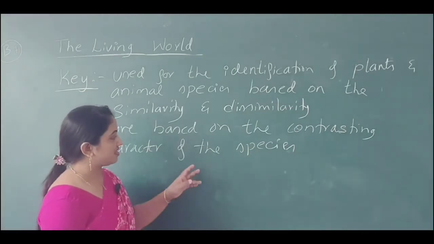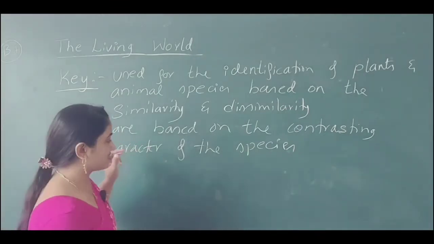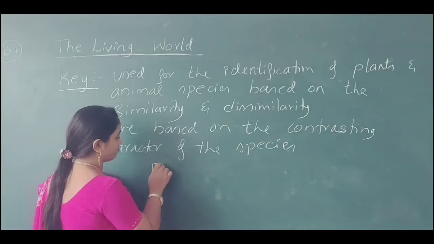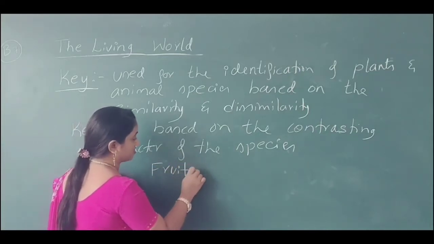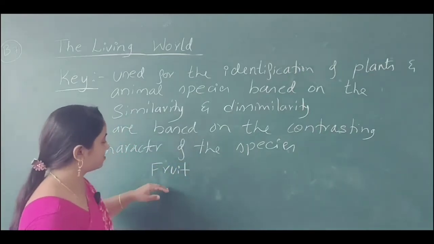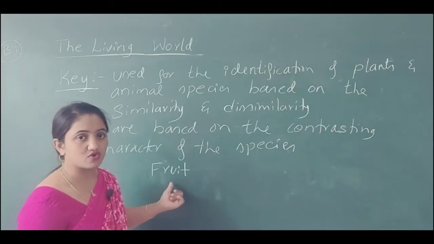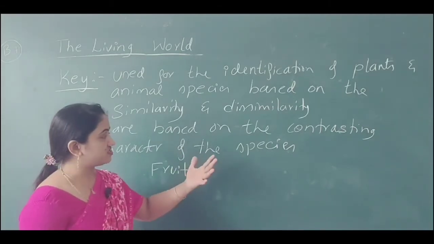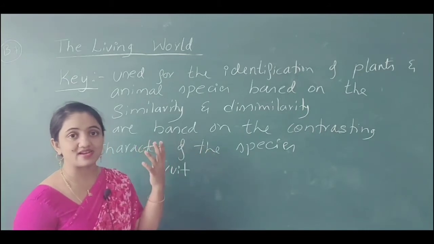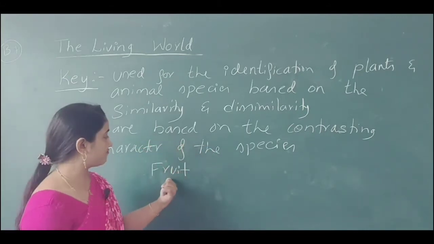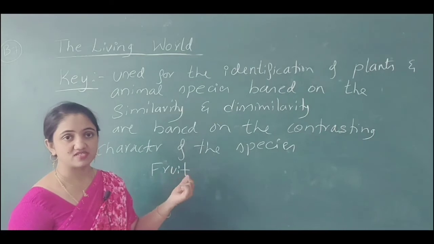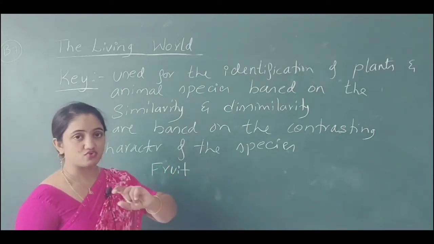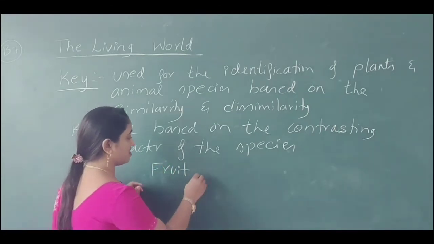So I'll write one example here. Consider you got one fruit while walking on the road or anywhere else. How can you identify which fruit it is? First you will check the contrasting character of the fruit. Contrasting character means either it is a red fruit or it's not red.